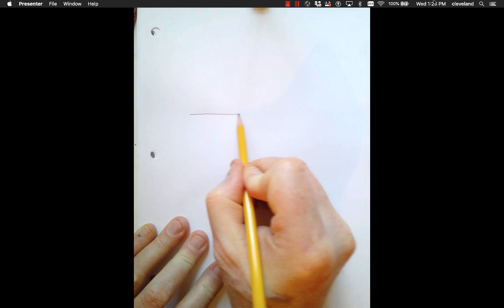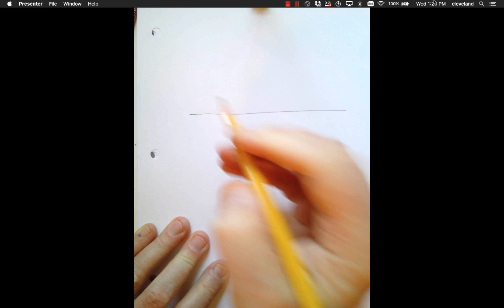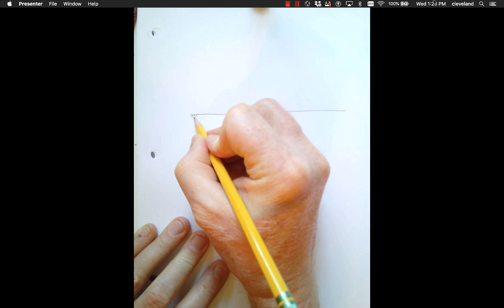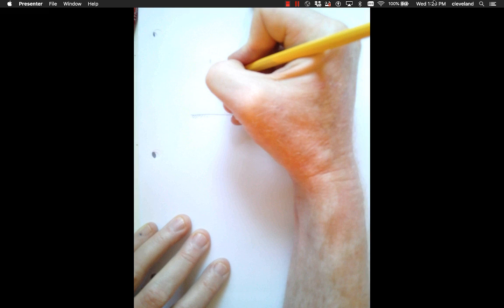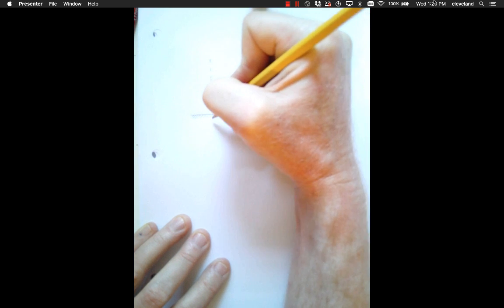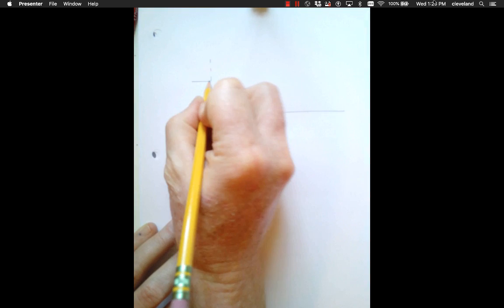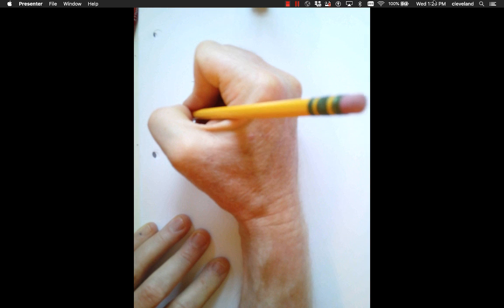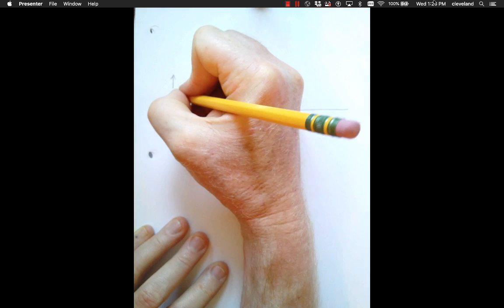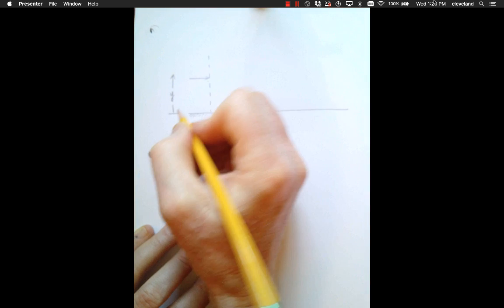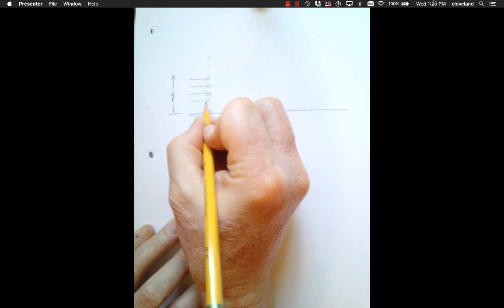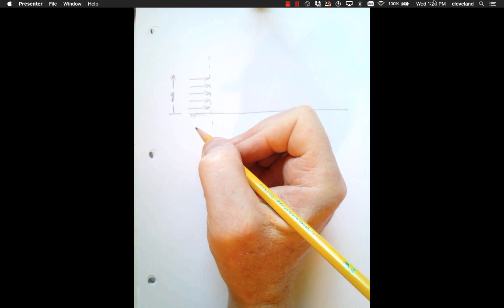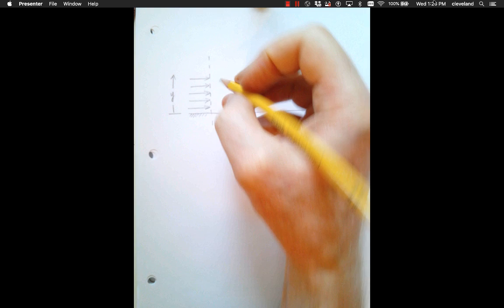So let's go ahead and take a look at this velocity profile. Here's a solid surface with some cross-section here. Let's assume that the velocity as we move away from the solid surface, y-axis, is uniform.